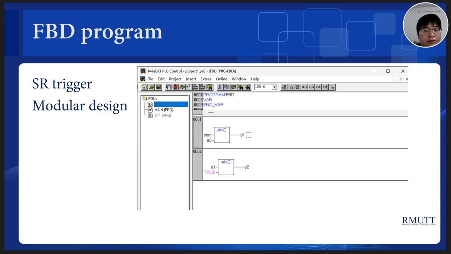It's convenient for organizing control functions and makes the program structure easy to understand. So FBD is a good choice when the control logic needs to be presented in a functional way.